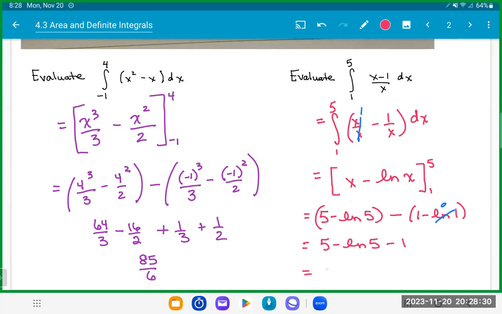That equals 4 minus the ln of 5, which is approximately 2.39. So the area under the curve for that graph from x equal 1 through 5 is approximately 2.4. Okay, questions?